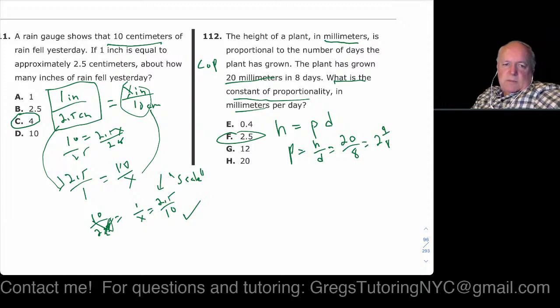It does say it's a proportion, right? So we could have almost gone straight up into this. It's a proportion. It says the height. Let me change the color of that just to make the English clear.